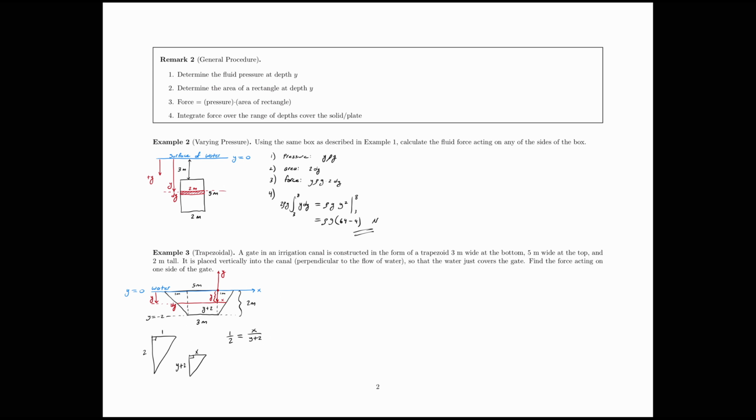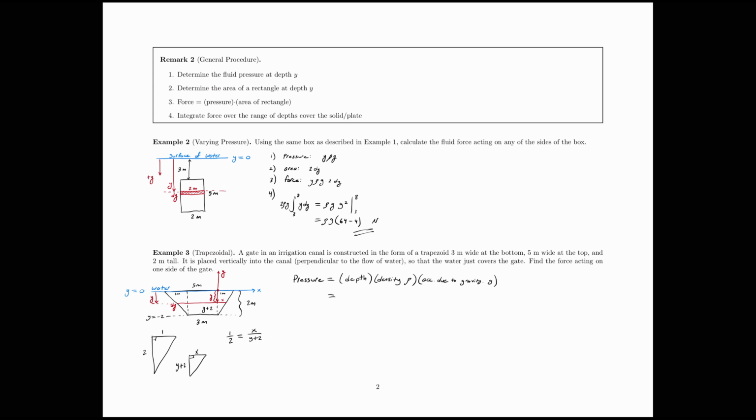So pressure is depth times the density of the fluid rho times the acceleration due to gravity, which is g. So the depth is the distance below the surface of the water.